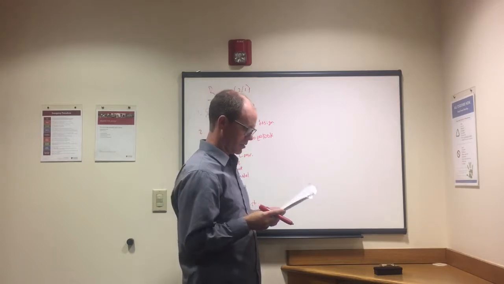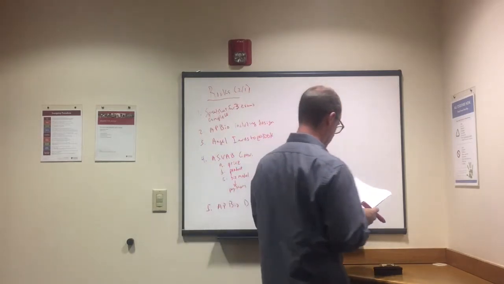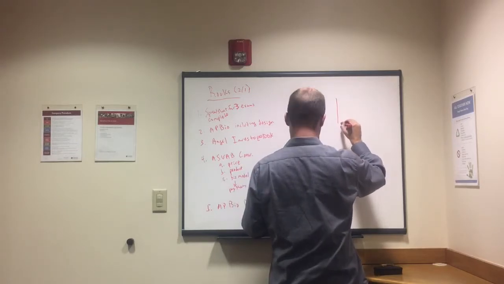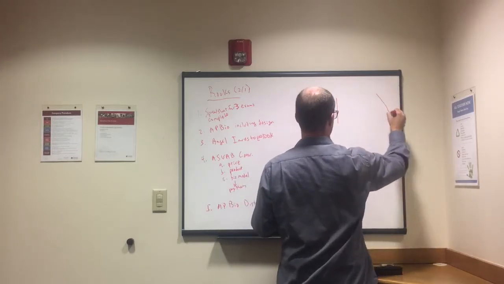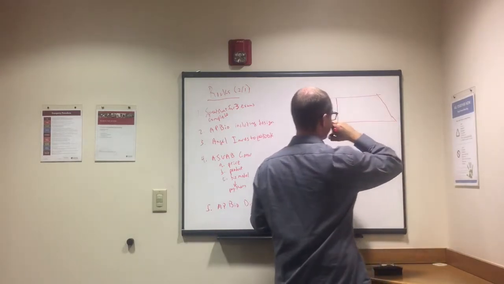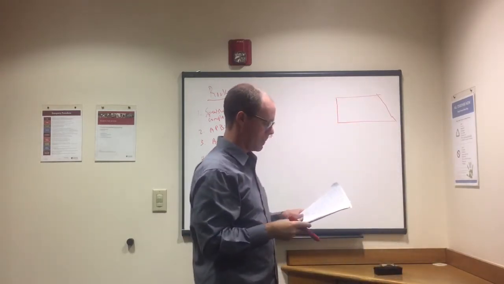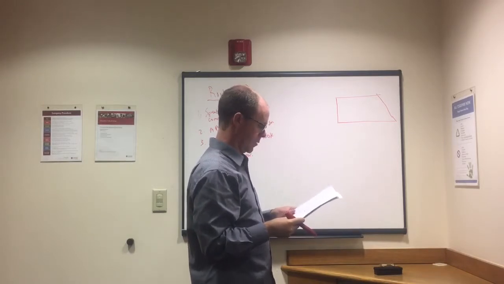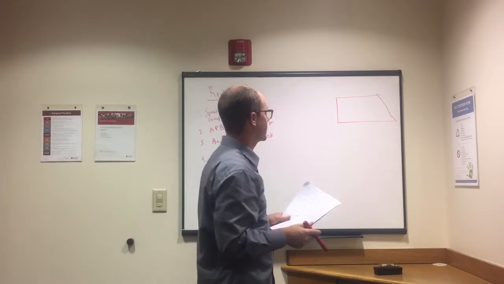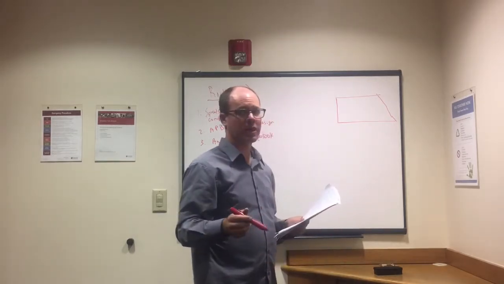Okay, trapezoid. Trapezoid will look something like that. I'm the best artist in the world. Your main thing to know with a trapezoid is at least one pair of these sides will be parallel.